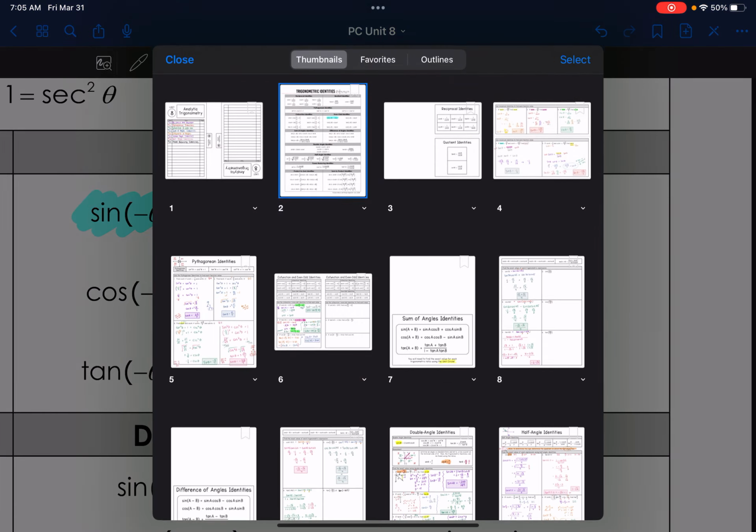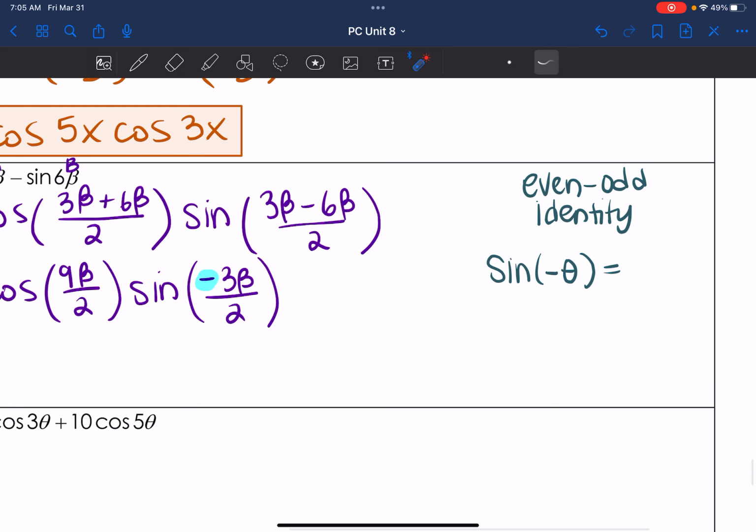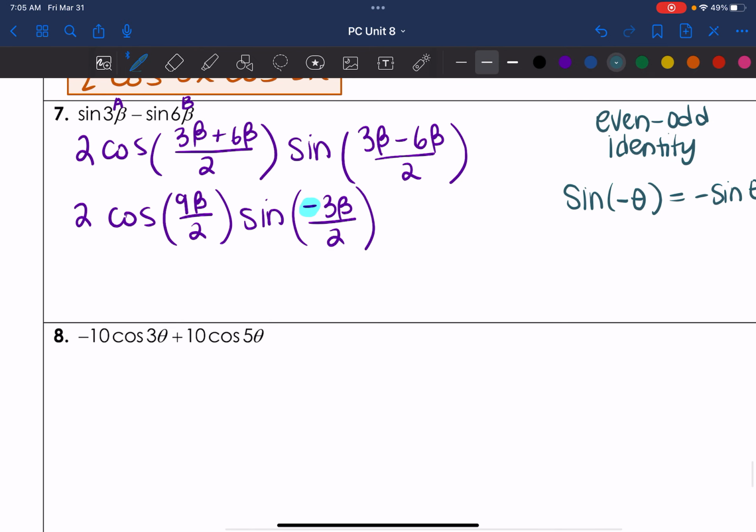Okay, so let's go back to ours. So this becomes negative sine of theta. So this negative sign, I would move it in front right here. But then even that's going to look weird because I have multiplied by negative sine. So we're actually going to get that negative and move it all the way to the front over here.